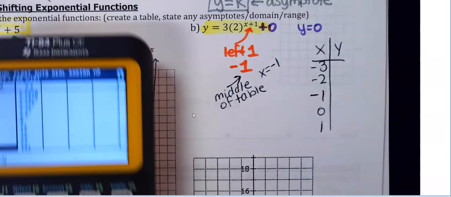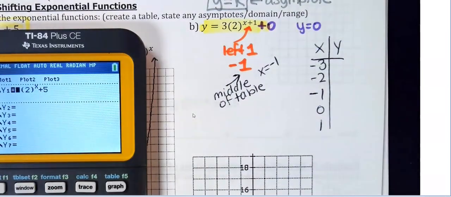Okay, so now on this one, I'm just going to start over from scratch real quick and type this equation in. If you have an 84, like I have on my screen right now, when you do the exponent, you can just type x plus 1. Like I can see the x plus 1 in the exponent. If you guys have an 83, you have to put parentheses around that x plus 1 in the exponent.